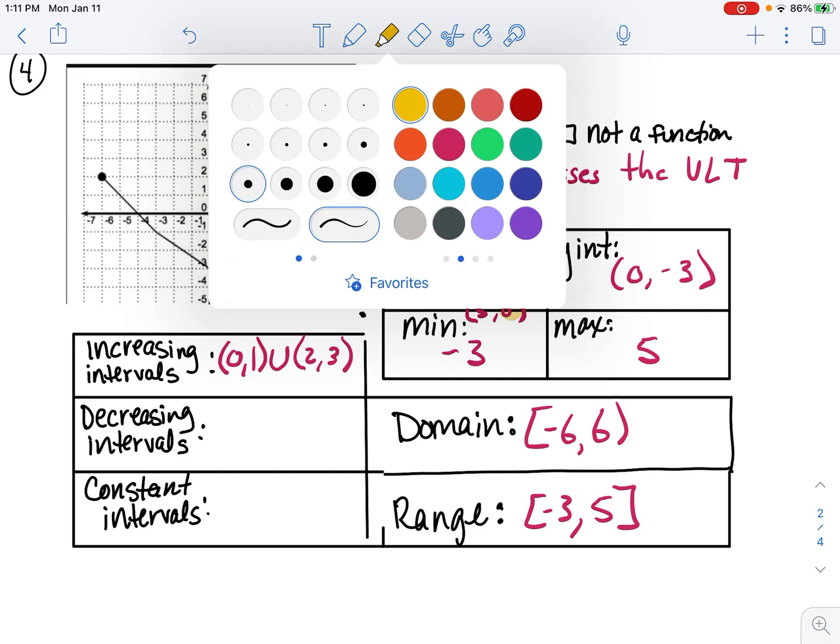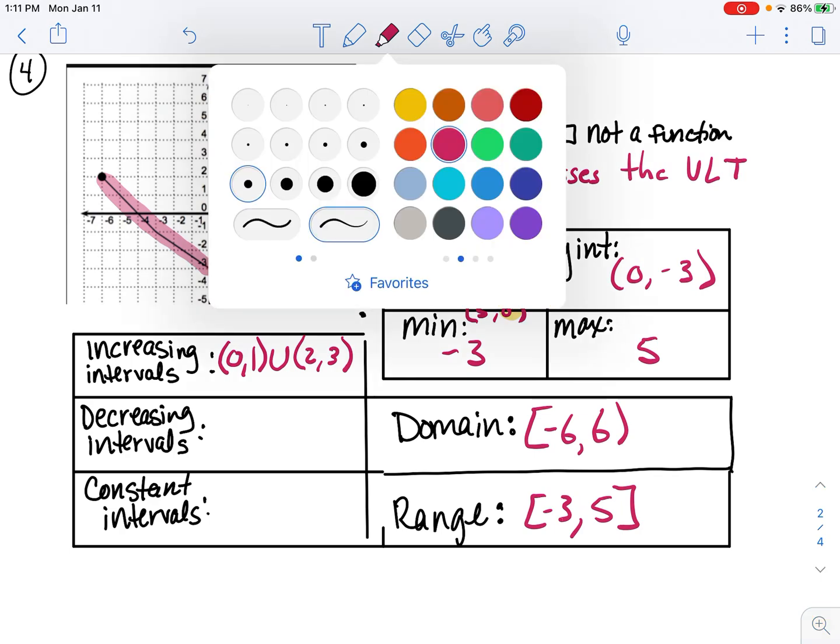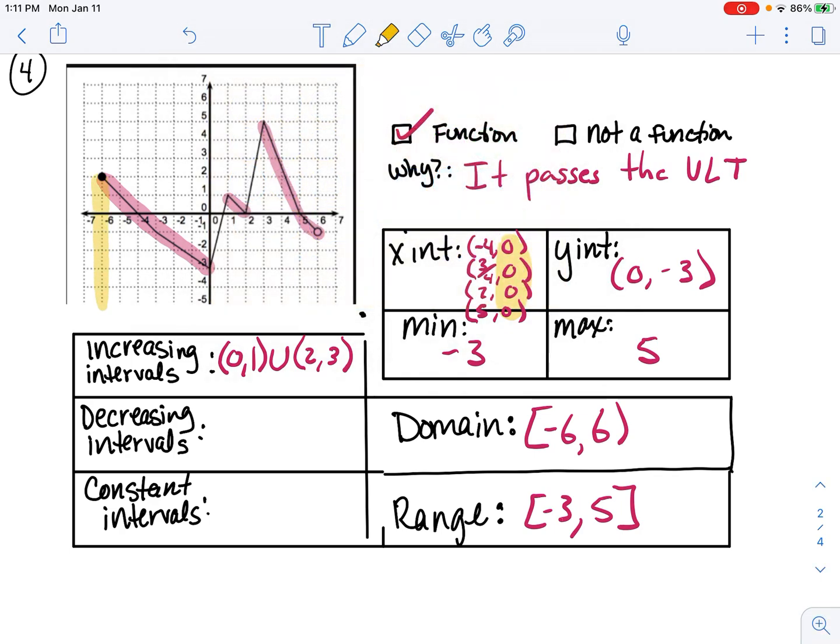Decreasing intervals, it's decreasing from here to here, here to here, and here to here. So we have 1, 2, 3 sections we're talking about. First, it's decreasing from -6 to 0. And the first one actually should be a bracket because it's the only thing it's doing.